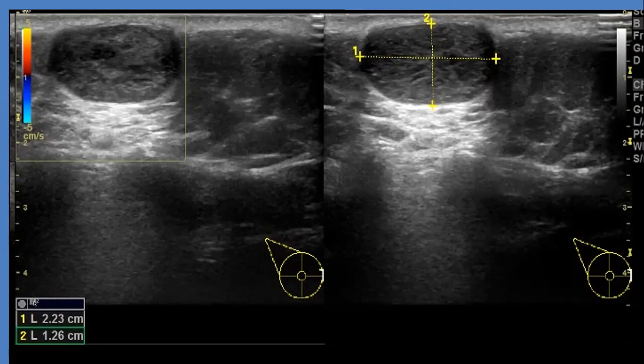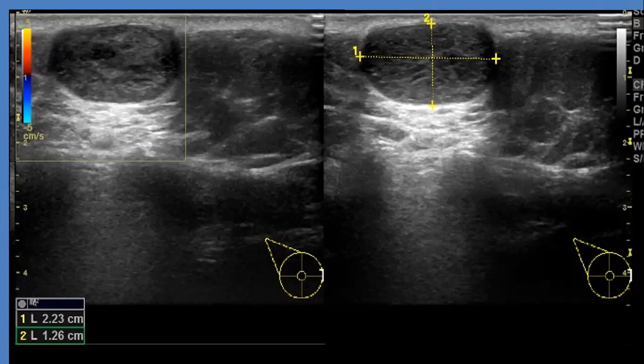What are the cysts you have seen, dermoid cyst or epidermoid cyst? Epidermal inclusion cyst. The commonest is epidermal inclusion cyst.